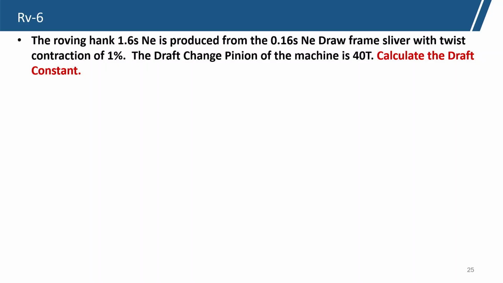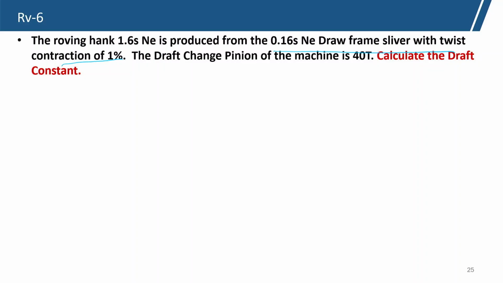The roving hank, next numerical: the roving hank 1.6 Ne is produced from a 0.16 Ne draw frame sliver with a twist contraction of 1%. So, in a roving frame there is a twist contraction of 1%.